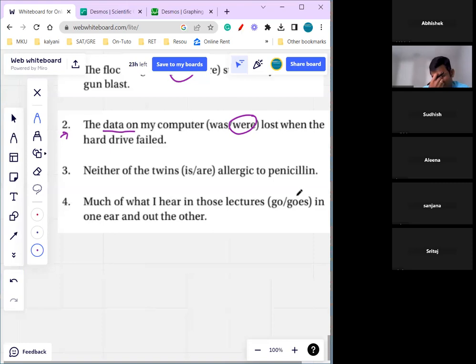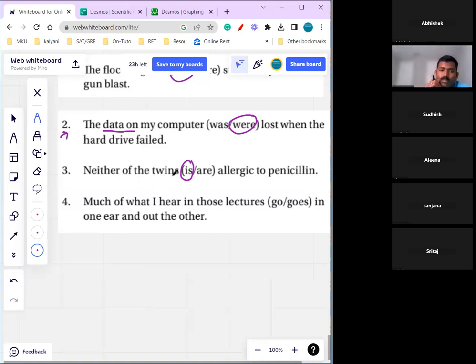Anvi, can you tell me why you put "is"? Because I think neither is singular. That's right, that's correct. Whenever you see "neither", it's a singular form, so it always takes the singular word. Good job. So you have to use "is" for that.